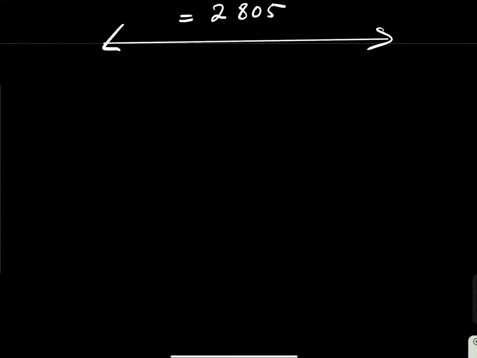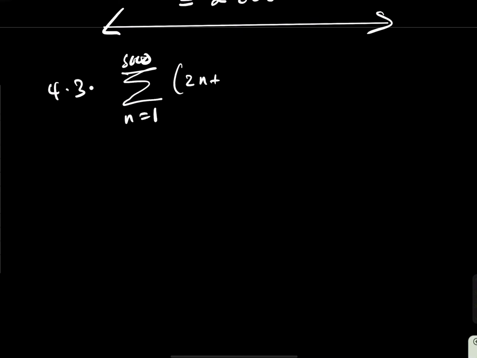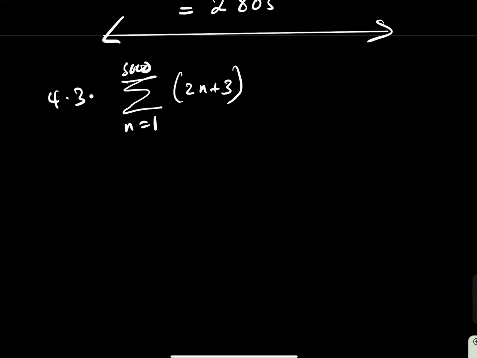Let's do that. That should be an easy stamp. So it's 4.3. We are given the sigma notation from n equals 1 up until 5,000 of 2n plus 3. These are easy problems.